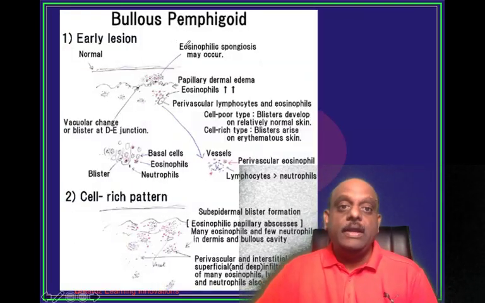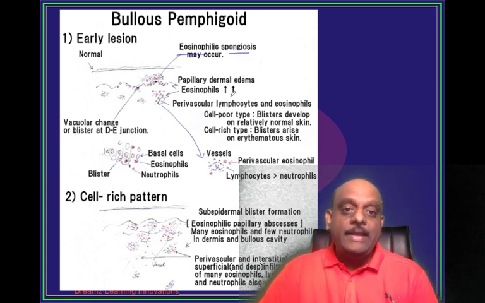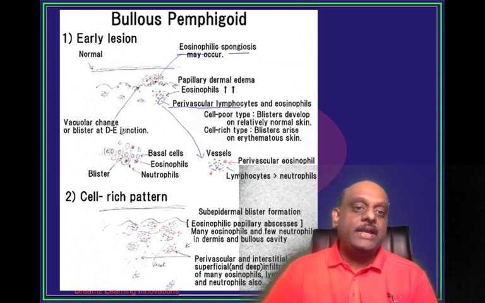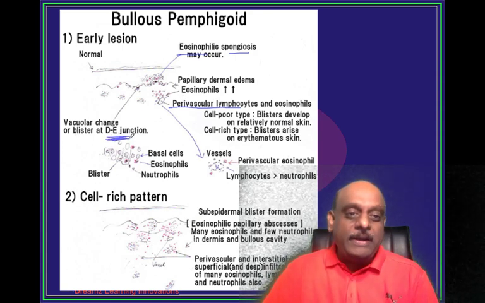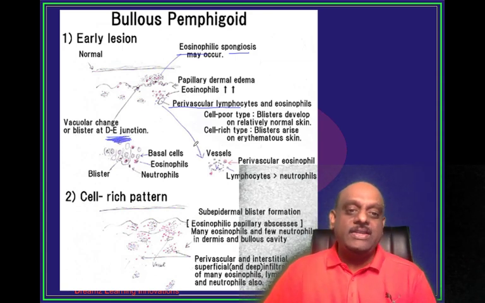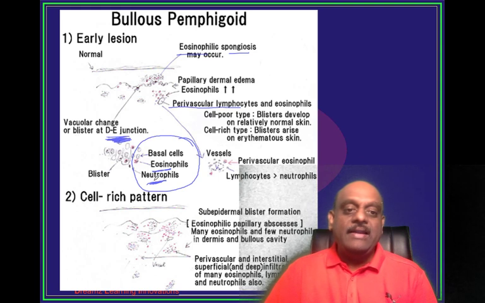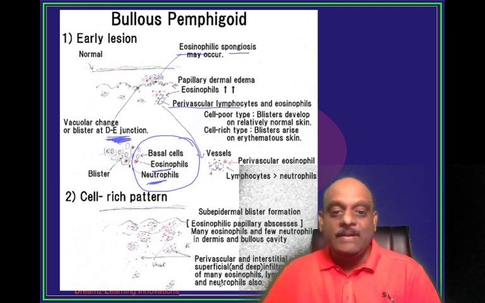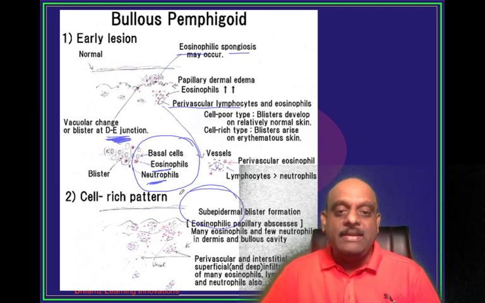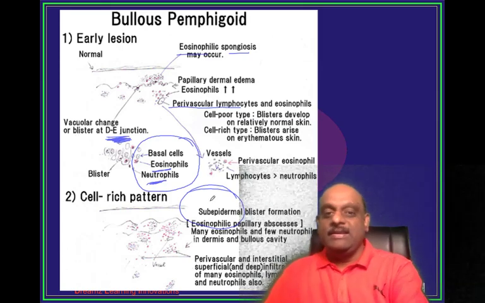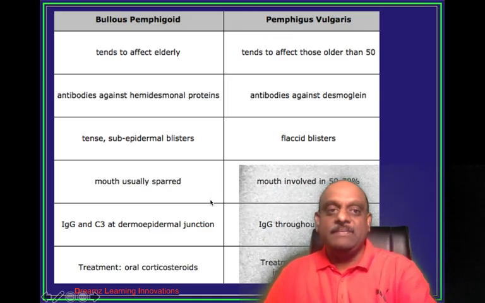Fatafat bolo. Typically, there is an eosinophilic spongiosis, then perivascular lymphocytes, dermoepidermal junction, there is a vacuolar change, and there are basal cells infiltrated with eosinophils and neutrophils. And typically, it is a subepidermal blister formation. That is the point of interest.